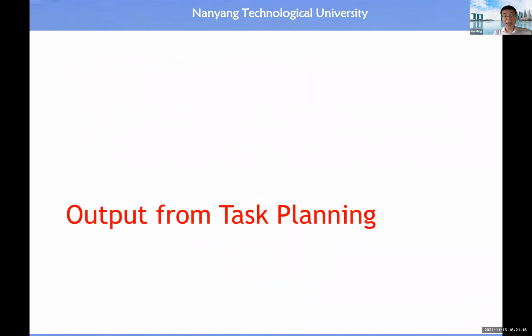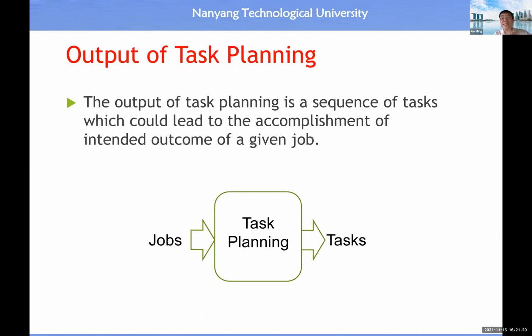Then output from task planning will be the series of tasks to be performed by robot, by human being, or by other machine, so that the job could be accomplished together by all these tasks.